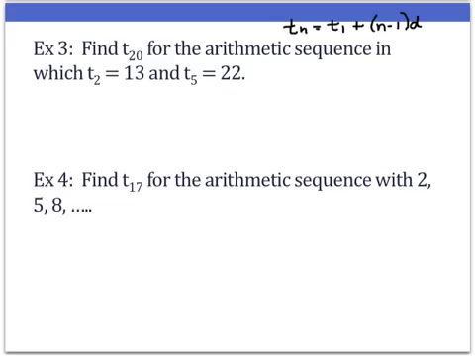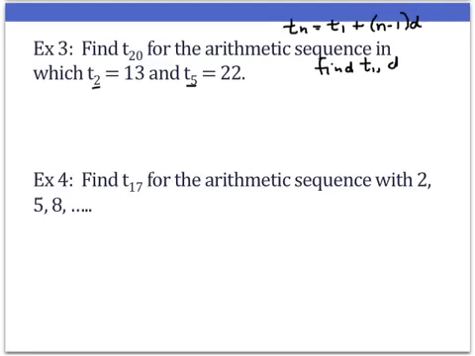Now what we do know is we know 2 different values for n. We know 2 and 5. We also know the value for the term itself, but what we need to find in order to be able to solve this is the first term and the difference.